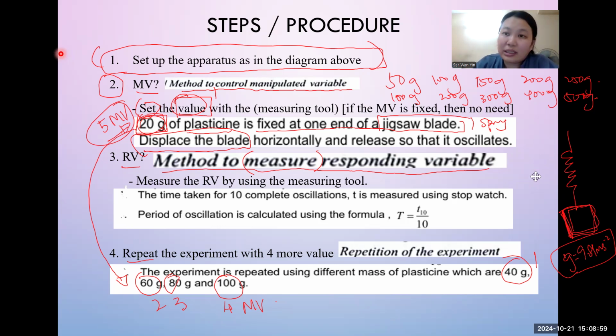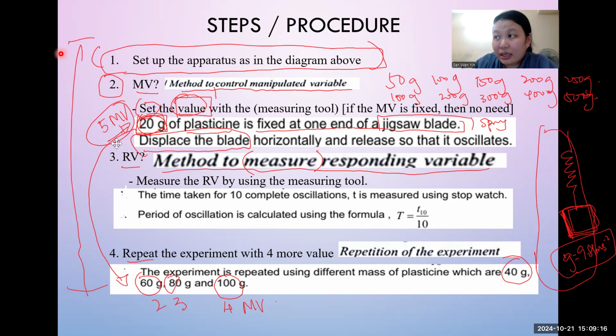But actually not so much difference. We actually don't care so much about the real reading of inertia. We care about whether you can carry out the experiment, write the procedure, tabulate data, draw a graph, and analyze it. We care about those.